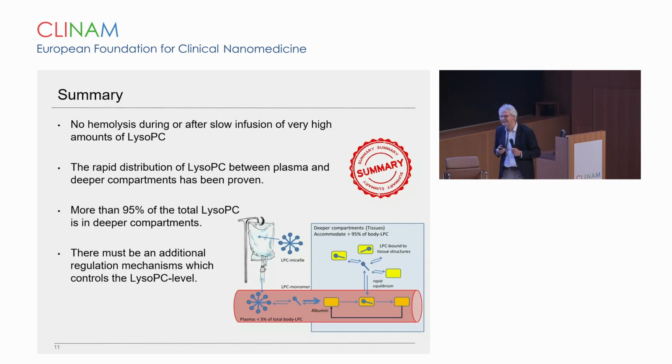We saw that, at least in rats, the deeper compartments are bigger than 95% for the Lyso-PC, and you saw the drop in the Lyso-PC. This is very interesting. There must be an additional regulation mechanism which controls the Lyso-PC, maybe something similar to glucose level control or something like that, but we had no idea yet what it is.